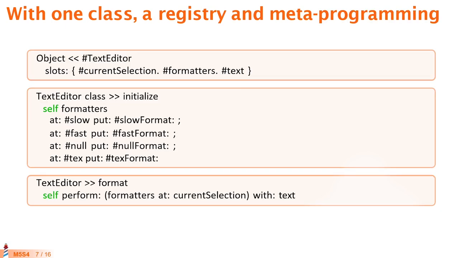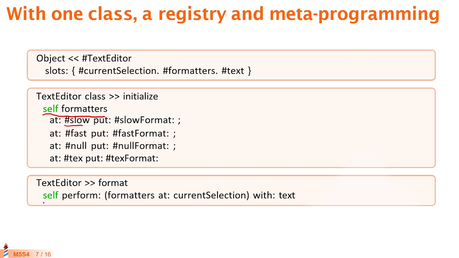We could even, with this single class scenario, use metaprogramming. For example, if I want to avoid testing, because now you know that explicit testing in the clients is usually not the best solution, the idea is to have a list of formatters here, a dictionary, and for each key, I can store the name of the selector that I should apply to correctly format the text.